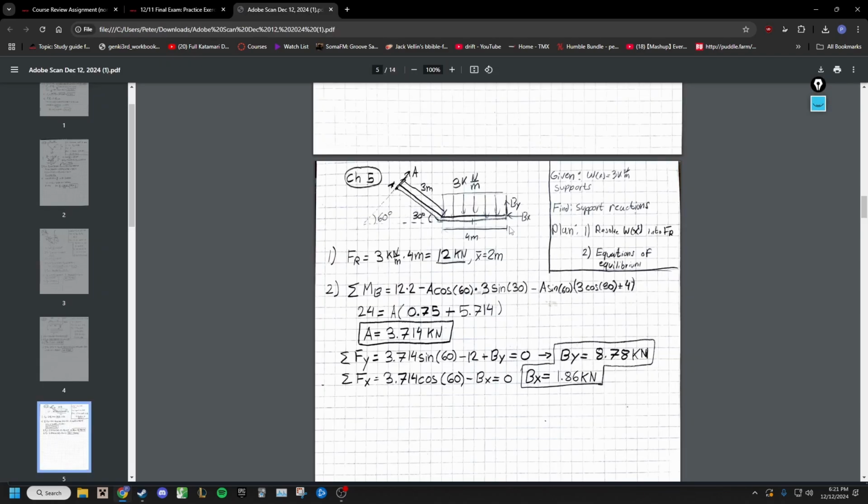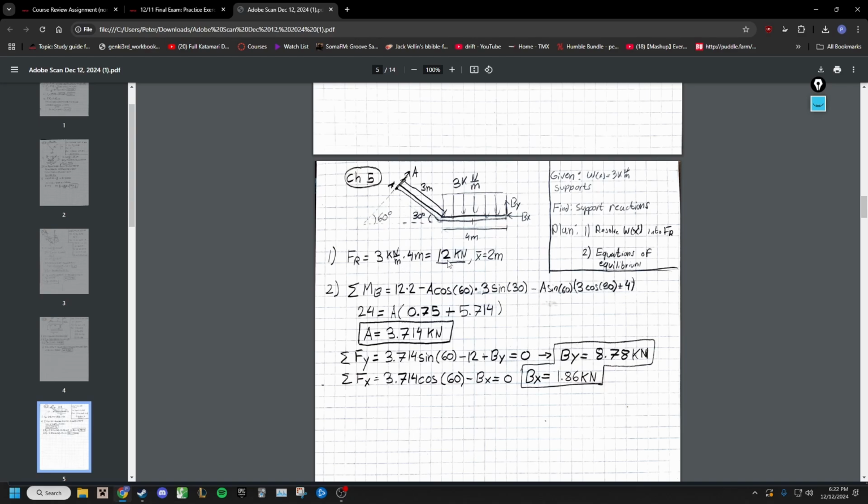And from there, we first will resolve. Well, we're given that the distributed loading is 3,000 newtons per meter, sorry, and that this length is equal to 3 meters. And we first resolve the distributed loading into one force, which, since it's a rectangle, a simple shape, we can just multiply the distributed loading by the meters.